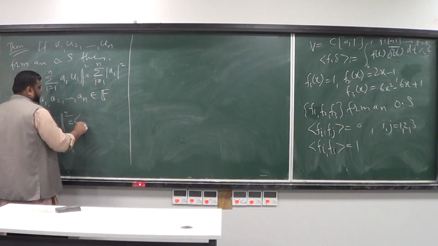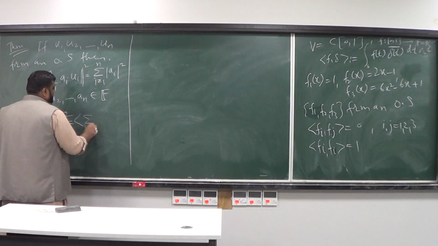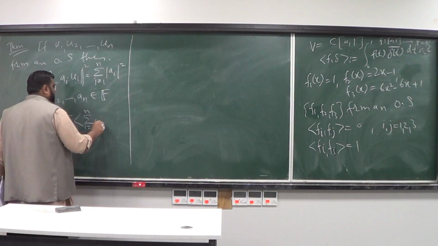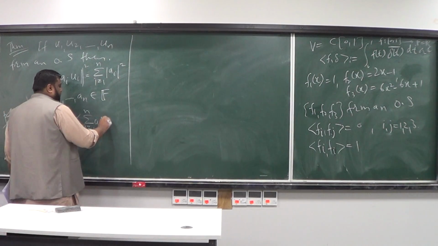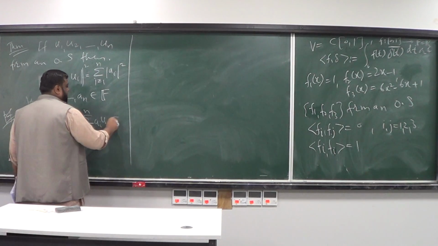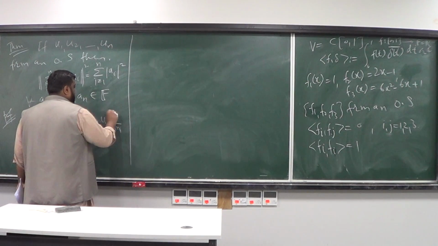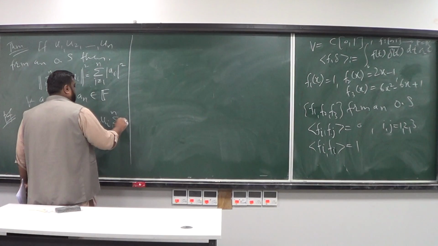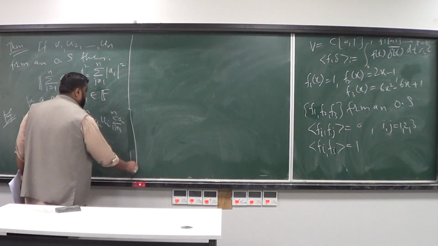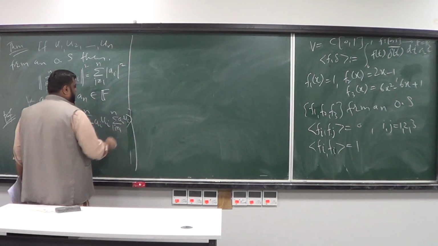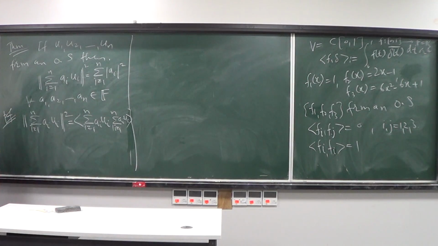So this is going to be the inner product of the sum for i equal to 1 to n of a_i u_i and the sum for i equal to 1 to n of a_i u_i.